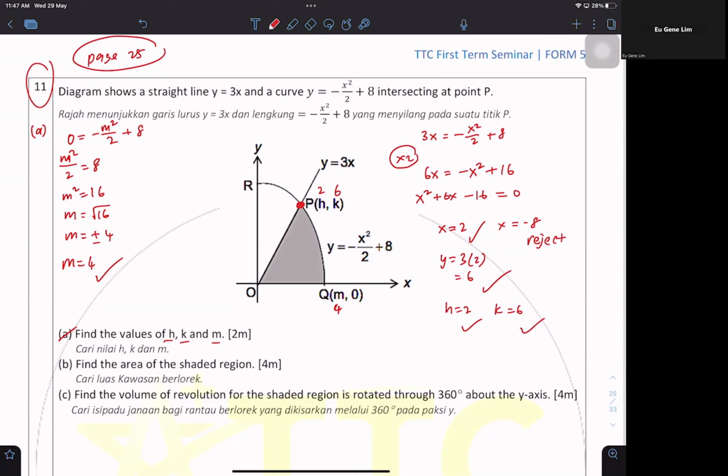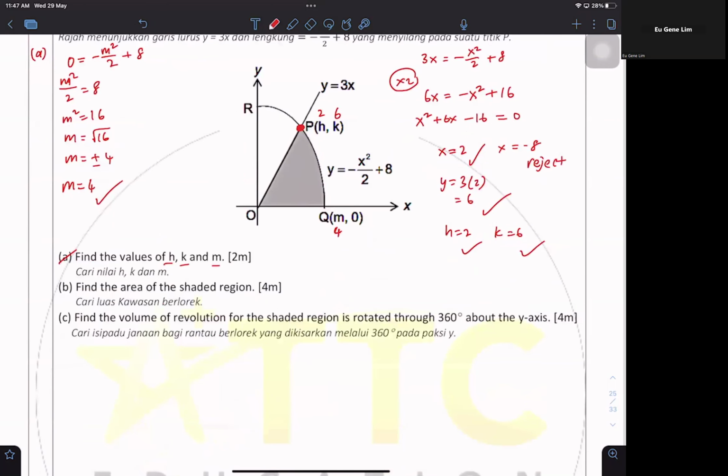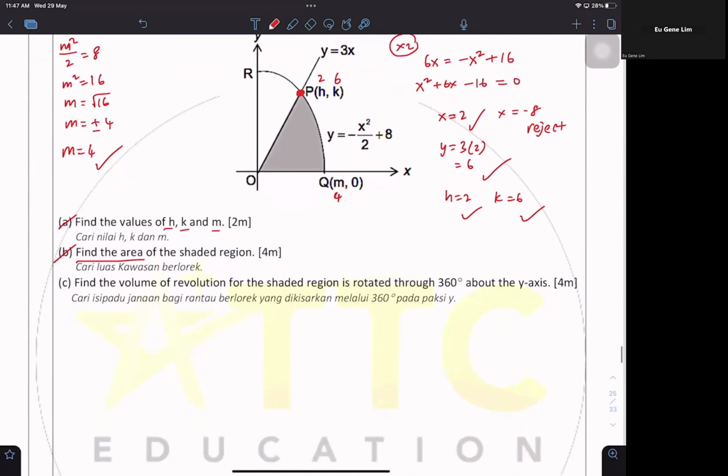Okay, good. So you found all the unknowns, okay? Very good, right? Now, finally, the real thing, part B. Find the area of the shaded region. How should we find the shaded region? You must know the basics first.